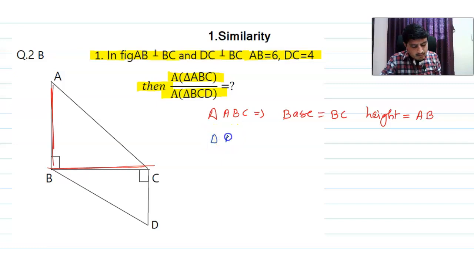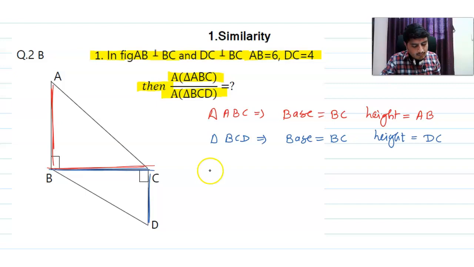Now for the next triangle we have BCD. Once we assume DC is the perpendicular drawn on BC, BC is the base and the perpendicular DC is the height of the triangle.